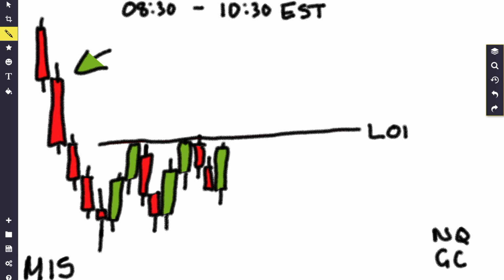So what we're looking at here, the main thing, is we are just looking for the breakout of this level. We can see this level has been created here. It's been respected, it's creating this, let's call it resistance. But more importantly, the reason why I would take this is because we have a clean range to the left hand side.